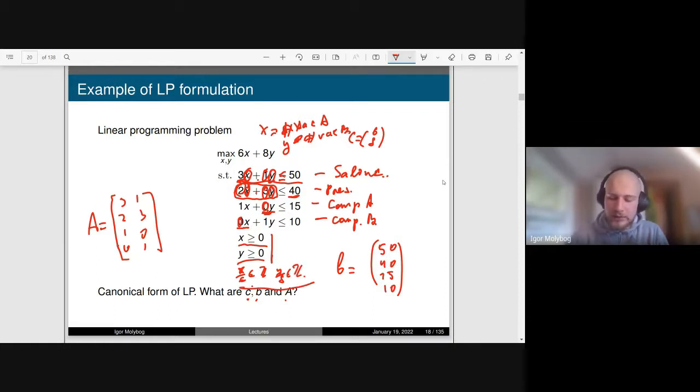Another way to do this is to introduce this kind of interpretation, and then modify these numbers to account for the fact that now it's going to be x plus y, right? Because each time you see an x, you need to divide it by 6, and each time you see a y, you need to divide it by 8.